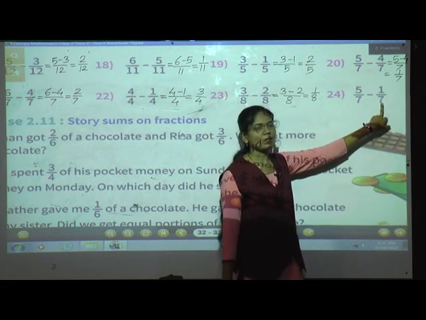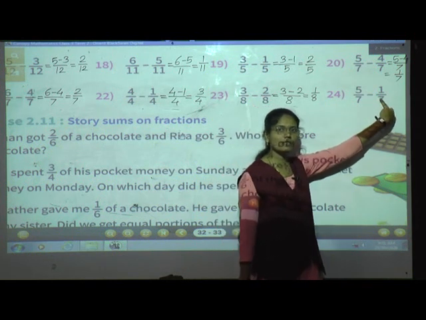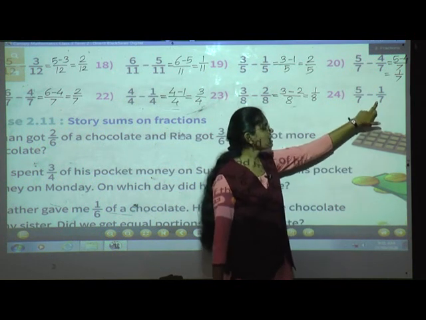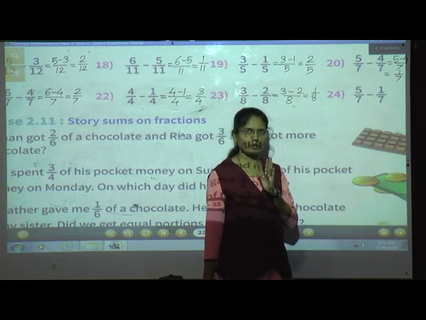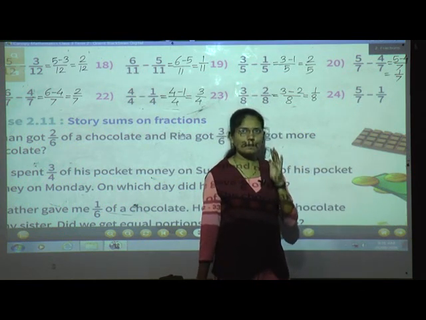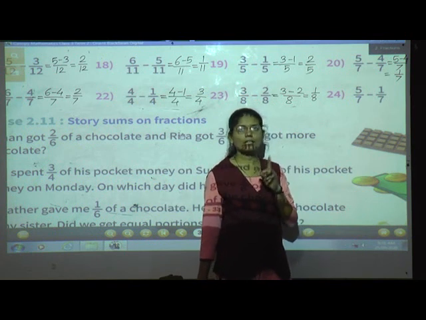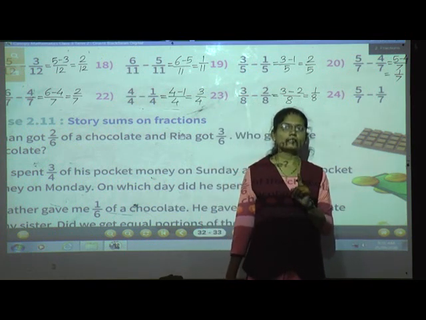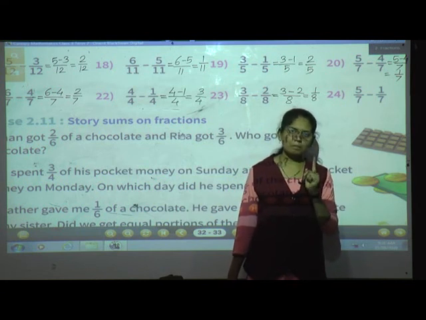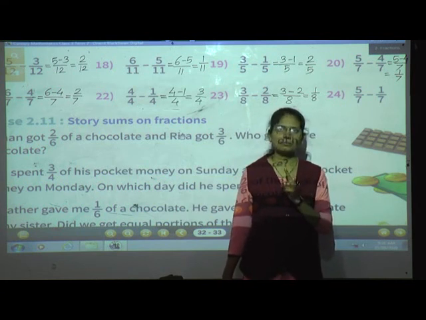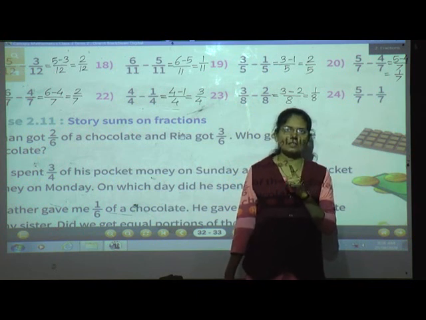So in this fraction 7 is the denominator, and from that 7 one part is taken away. So 1 is the numerator. Numerator means the part which is taken away. Denominator means total number of parts in which the whole is divided.